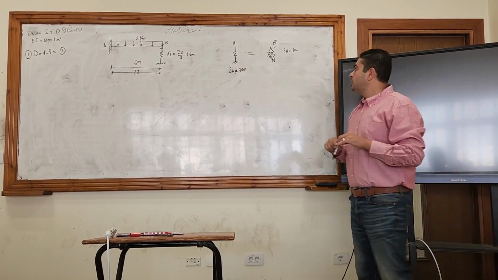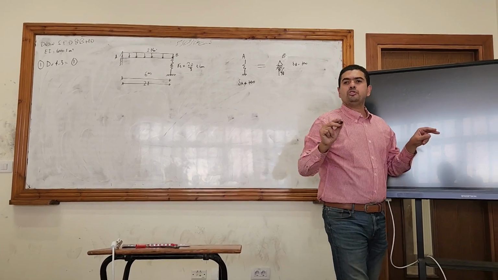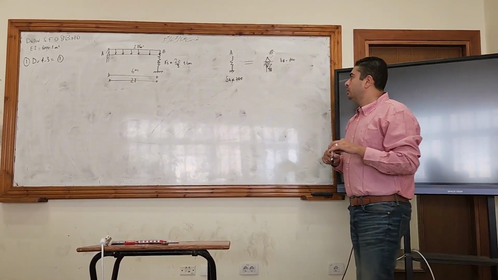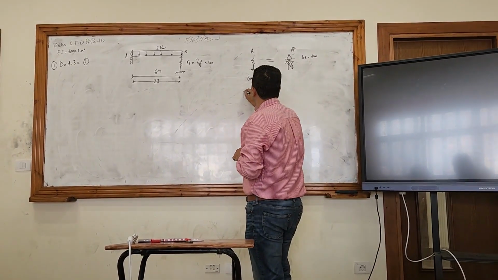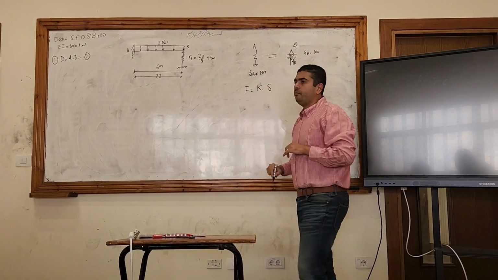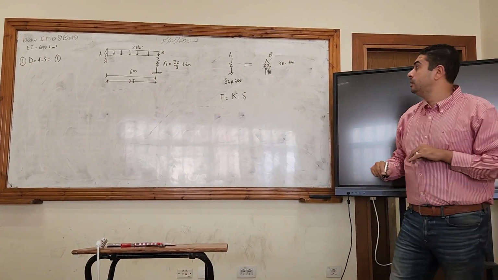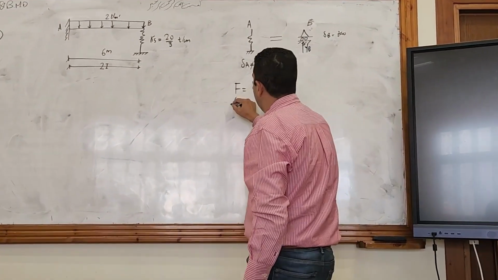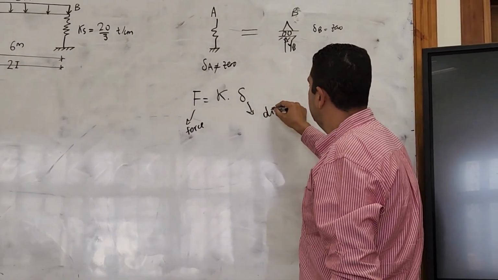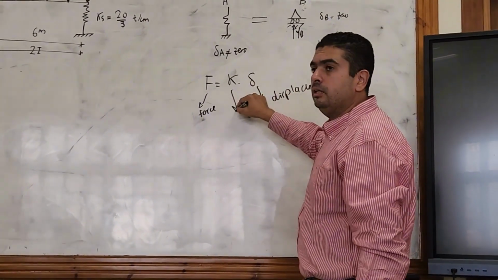So what will be the vertical displacement at the spring? I know it's not 0, but what is the equation that I can calculate it from? I think you saw this equation before: F equals K times delta. What is F? F is the force. What is delta? Delta is the displacement. And what is K?